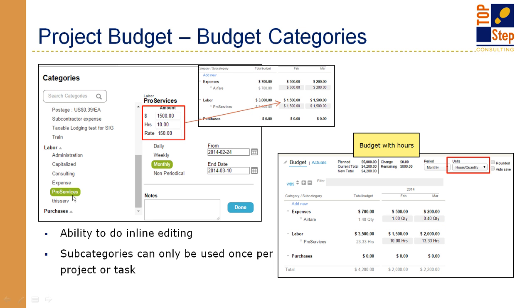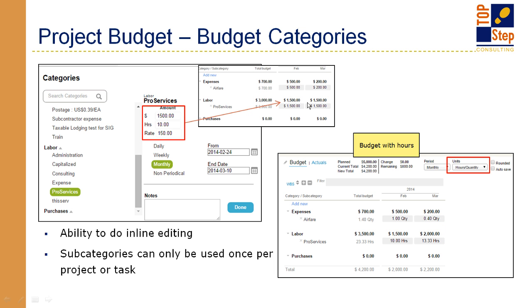You can do hours times a rate, and it will calculate. You can make this non-periodical, so it just enters it for one time period based on the date you have here. Or you can do it monthly with a start and end date, weekly, or daily. And you can add notes. This is really only handy when we talk about change orders, which I'll talk about in a minute. But that's how you would create the budget.